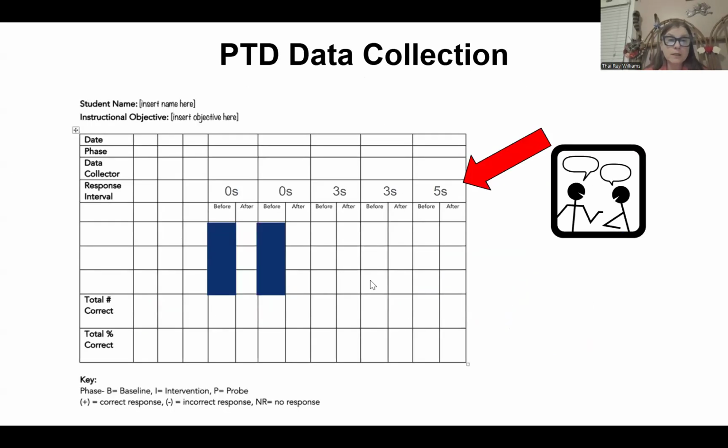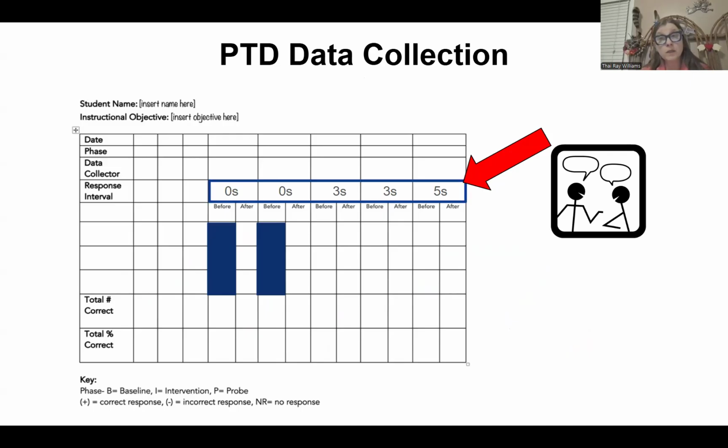You're going to notice that the data collection for progressive time delay mirrors constant time delay, with the only difference being the response interval. Here are 0 second delay trials. Then the teacher moved to 3 seconds, and now the teacher is at 5 seconds. So again, you're going to make sure that you put your response interval in there.